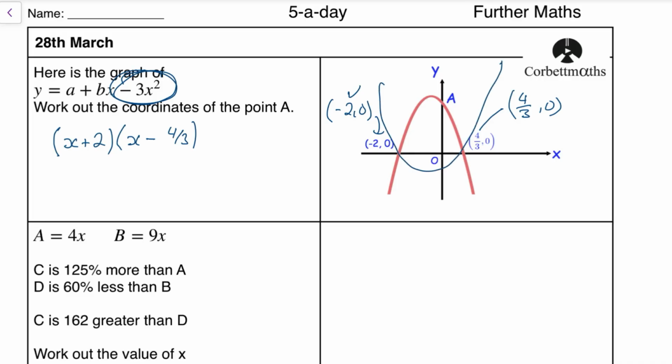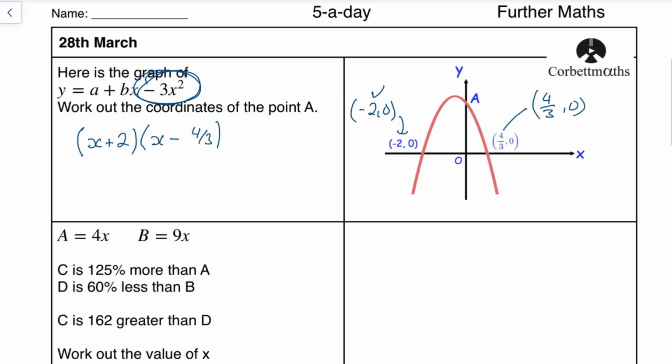It's a sad face, or however you might describe it in your lessons. So I'm not going to write it like this. I'm going to leave that up there so you can see what I've done. I'm going to write it as x plus 2, and then switch these two around. So I'm going to do 4 over 3, but I'm also going to multiply it by 3 because I've got 3x here. So that's going to give me 4 minus 3x.